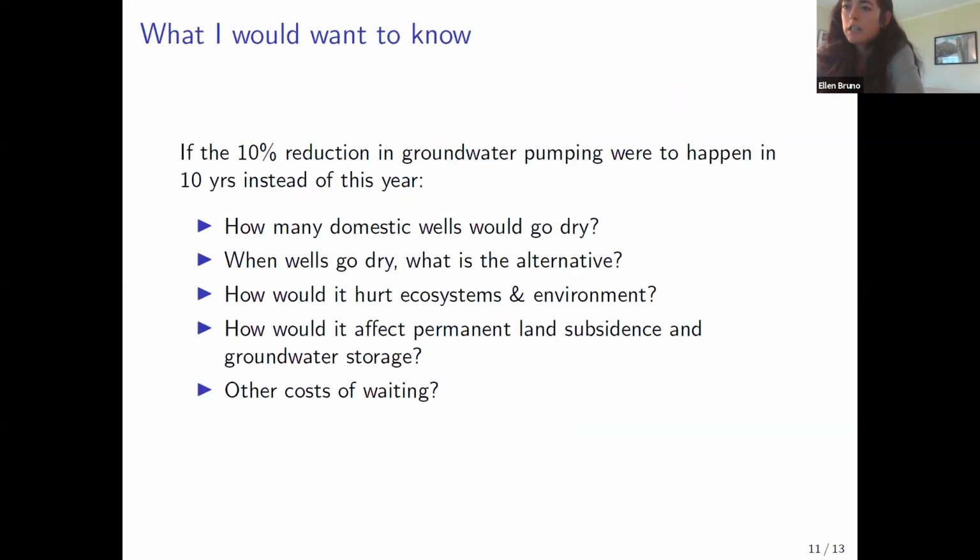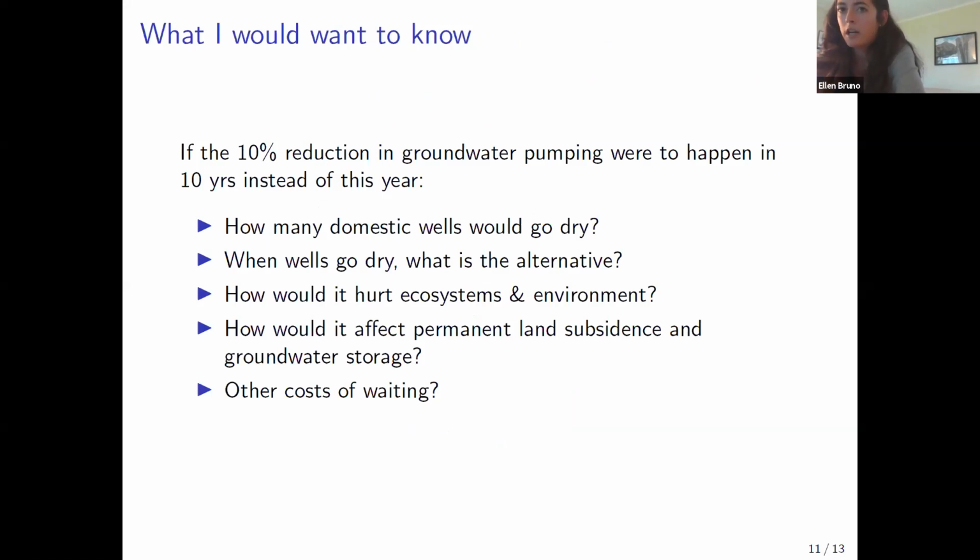So if I were to do this calculation, what I would want to know, this is perhaps coming from the fact that I'm an economist and not an environmental scientist, so I don't know some components of this. But if I were to try to do this calculation, I would want to know if a 10% reduction in groundwater pumping were to happen in 10 years instead of today, what would that mean for the domestic wells?